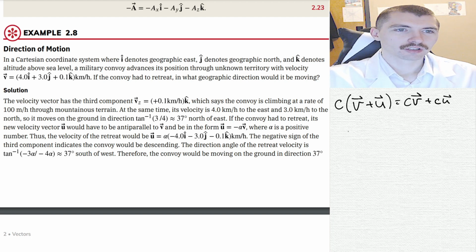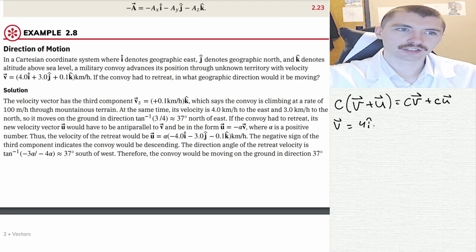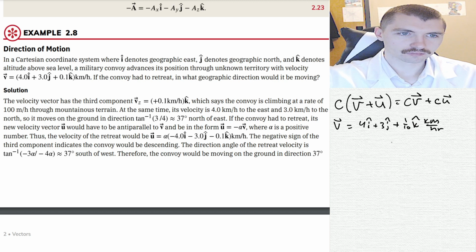Okay. Military convoy advances its position through unknown territory with velocity I plus 3J plus 1/10 K. In what geographic direction would it be moving?